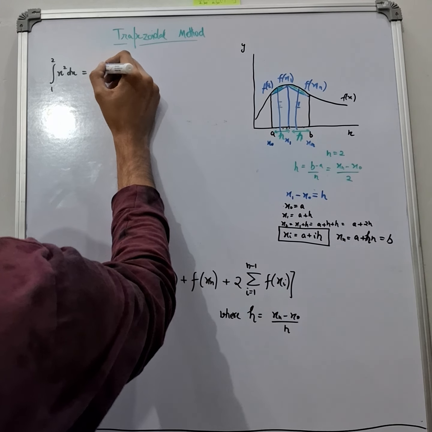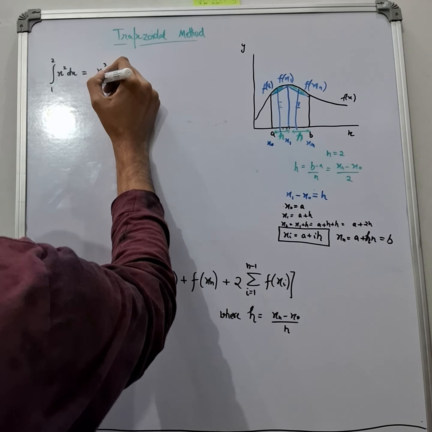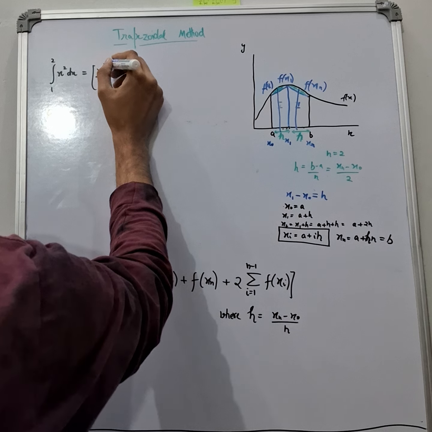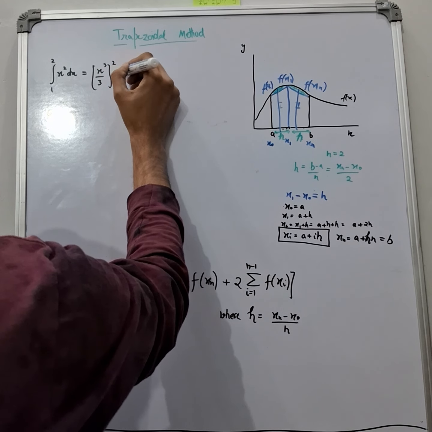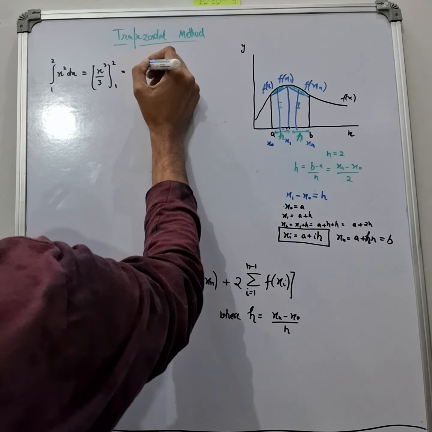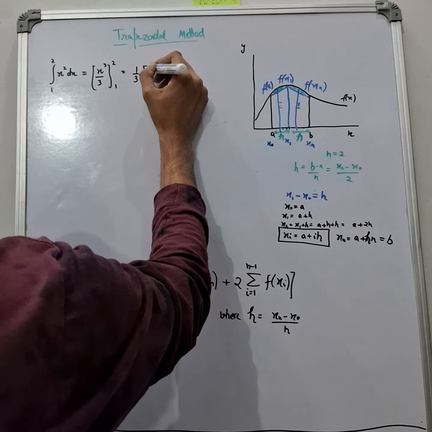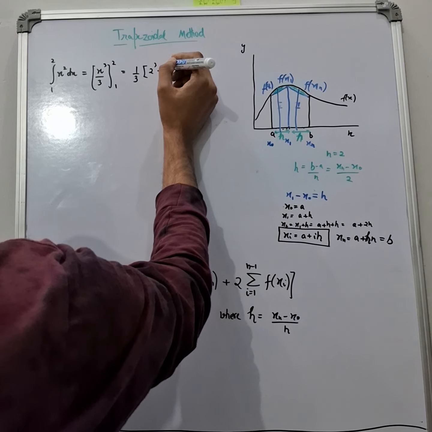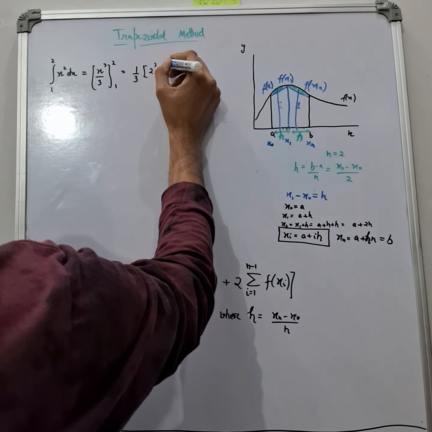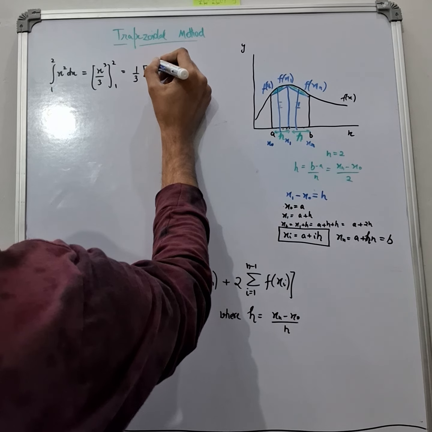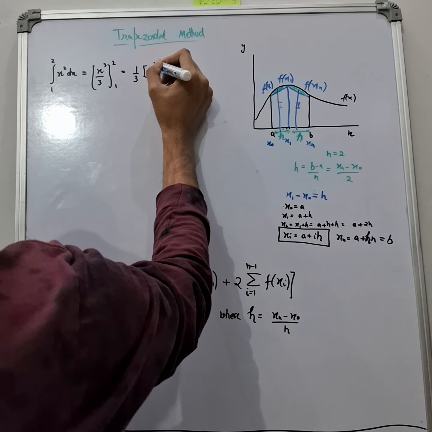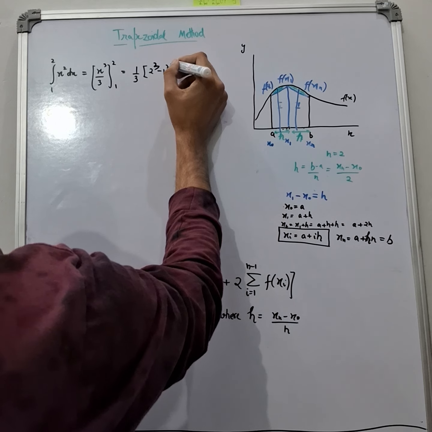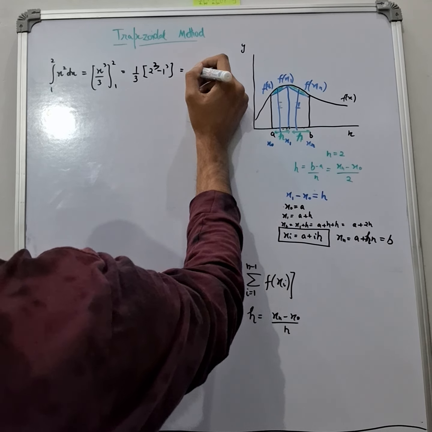For x squared we have x cubed over 3 from 1 to 2. So 1 by 3 times 2 to the power 3 minus 1 to the power 3.